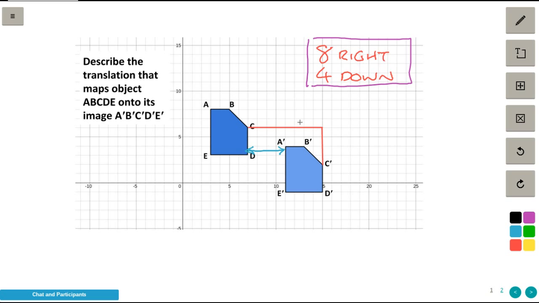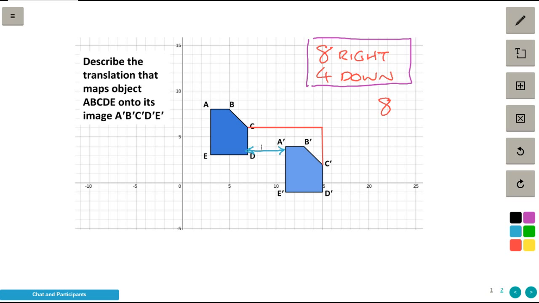So that's what we're going to work with. This number is the horizontal movement. And the only thing we need to do then is decide whether it's going right or left. And so what we'll do, as with our axes here, which get more and more positive as we go to the right, we're going to say that a rightwards movement is a positive movement. So that positive 8 we've got there then means 8 right. That's going to be our convention.